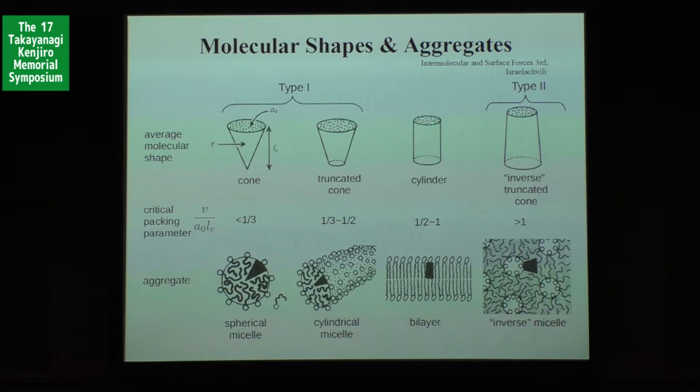If the cross sections of polar head and non-polar tail are almost the same, it forms a bilayer membrane, like the first one. Another type is type 2. It has a small cross section of polar head and a large cross section of non-polar tail. It forms a small polar space.